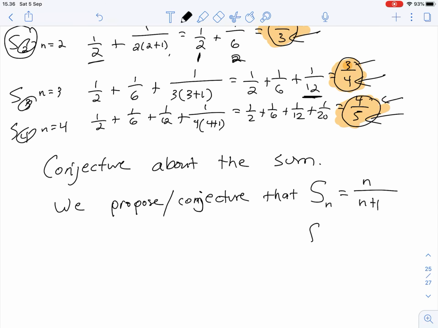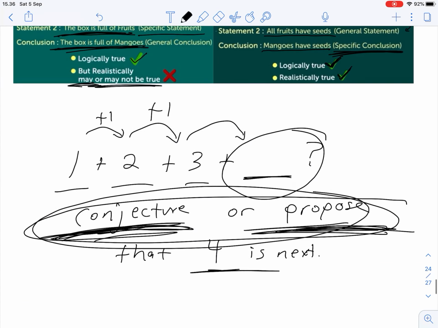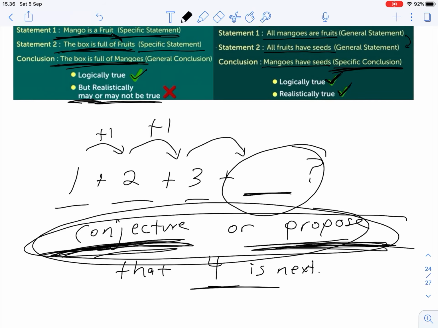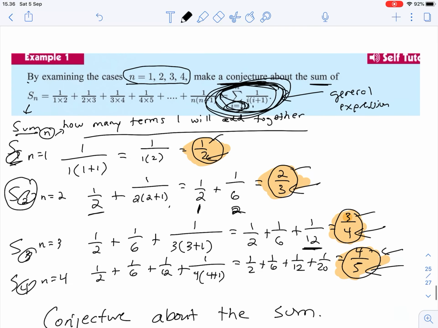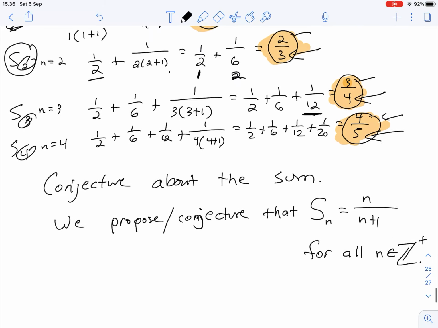And then make sure you describe your variable, where n is an integer and it's a positive integer. So here's our conjecture. Again, this is like up here. We saw a pattern, 1, 2, 3. We're guessing, we're proposing that 4 is next. That's all we did. A little bit more complicated mathematical notation. All we're doing is conjecturing. We're just proposing what's going to happen next.